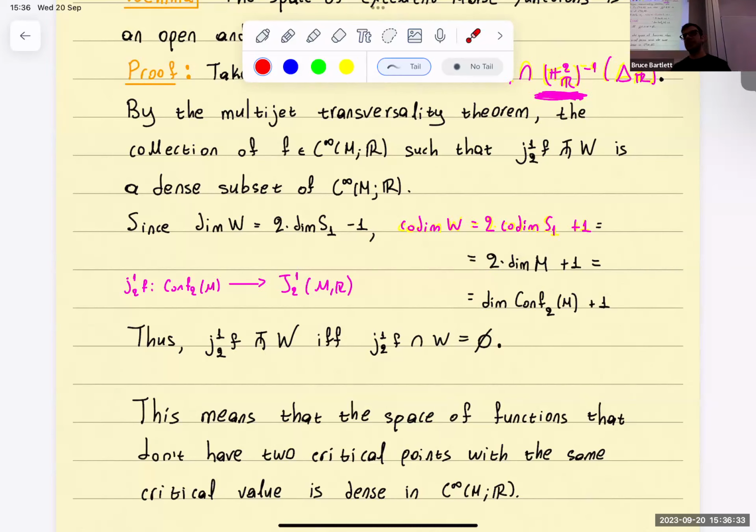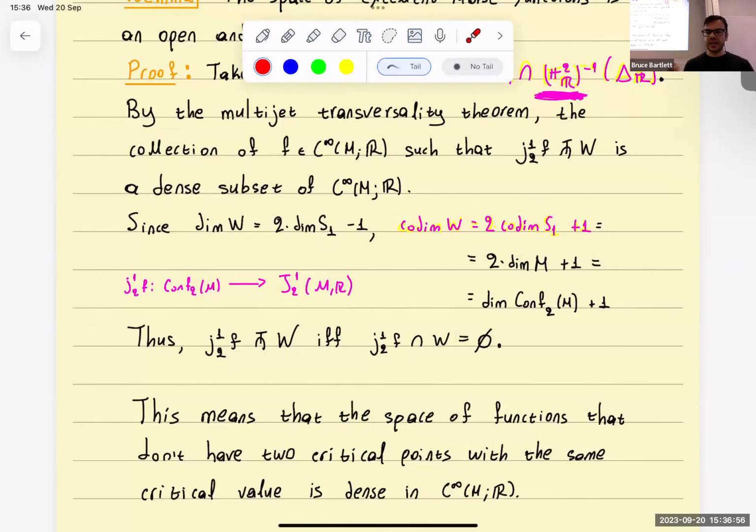The reason we needed the configuration space of 2 points is that those were the 2 points causing the problem. They had their critical points at the same level. That's why we had to use this language. I'm talking about the multi-jet transversality theorem because we needed the geometric situation where we could talk about 2 points at the same level.